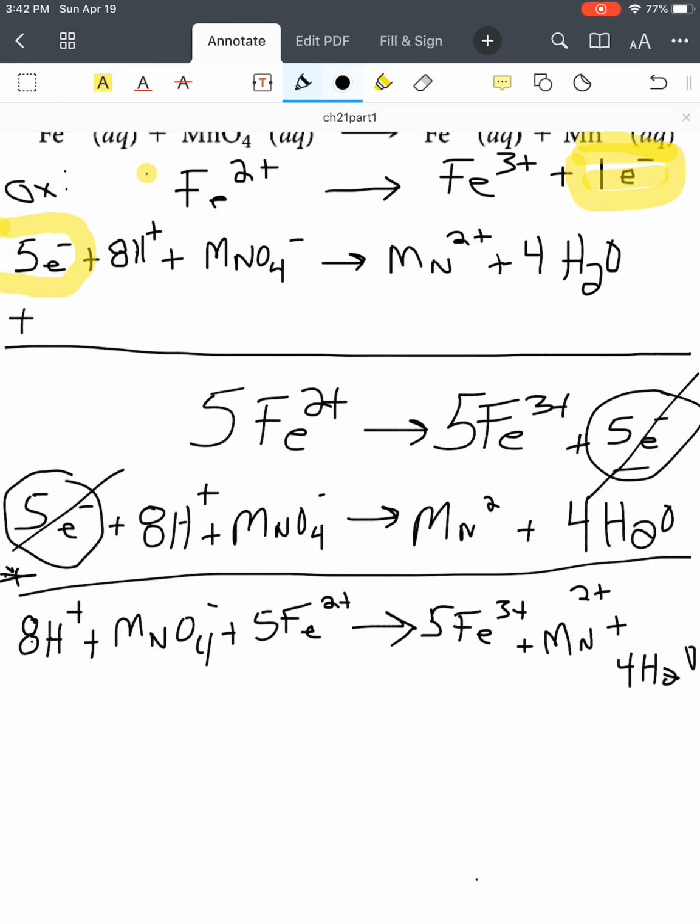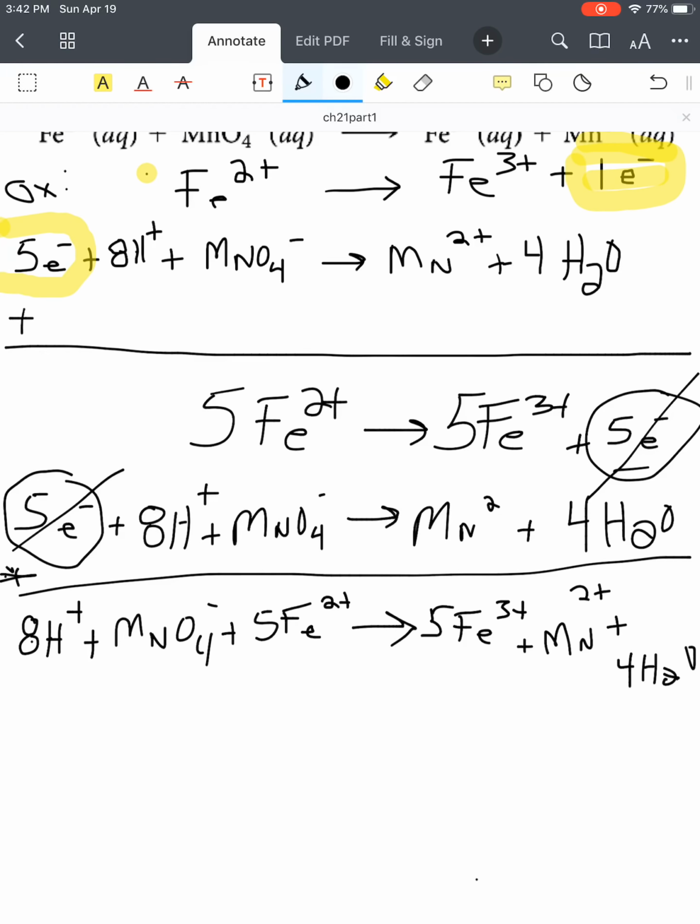This is my 4 copies of water, okay? You'll see that? So we balanced for mass, then we balanced for charge each individual half reaction. And then in this secondary step, we multiplied by an integer, whichever integer was necessary.